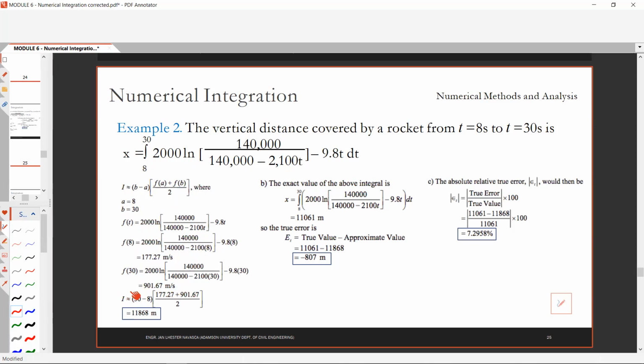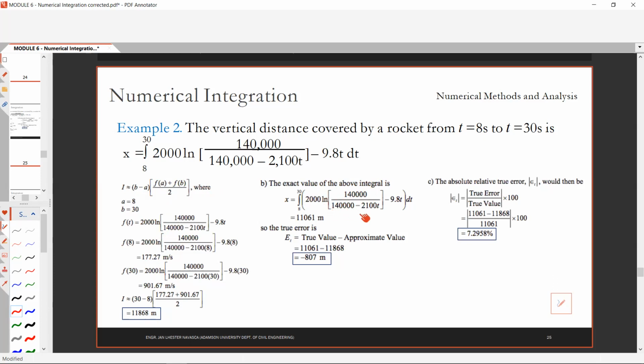Okay, so solving this one by substitute natin dito sa equation na to, we have the area under the curve, which is the vertical distance covered by the rocket na 11,868 meters.